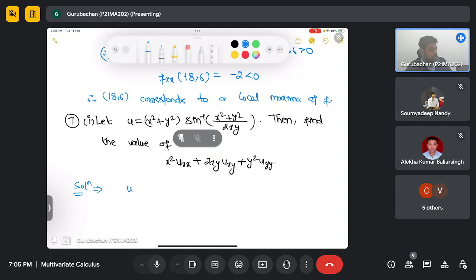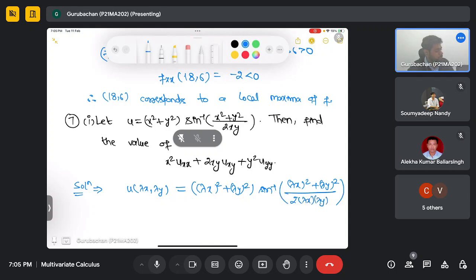So first of all, let us see the degree of this function. We will put x as lambda x and y as lambda y. We will substitute this. We will get lambda square x square plus y square into sine inverse of lambda x square plus lambda y square divided by 2 times lambda x lambda y, and this will give us lambda square times x square plus y square sine inverse of again the same expression.